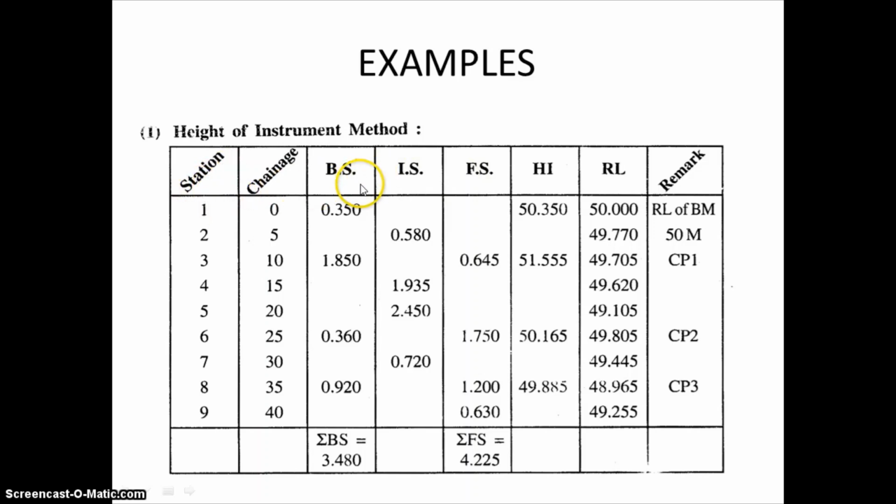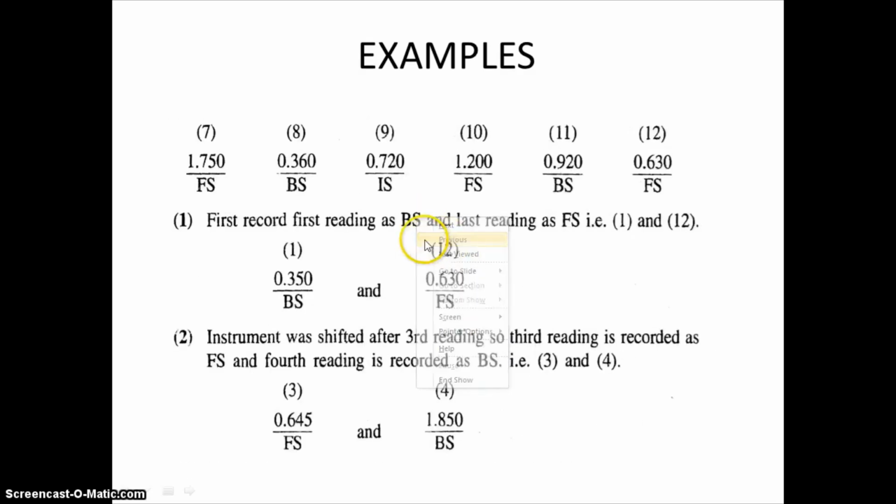For backside, as I told you, first reading, so I have entered 0.350 here. Then the second reading, 0.580, in the second row, second station. Then the third value is foresight, so I enter it in the foresight column. You can see I have mentioned it here.